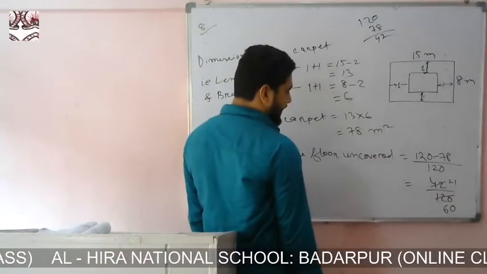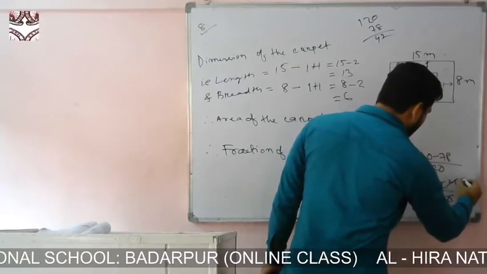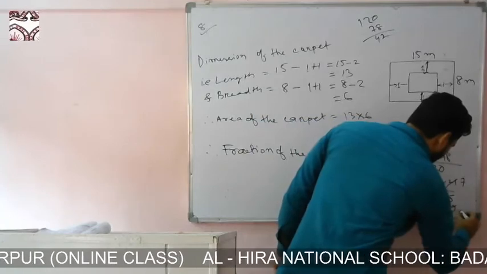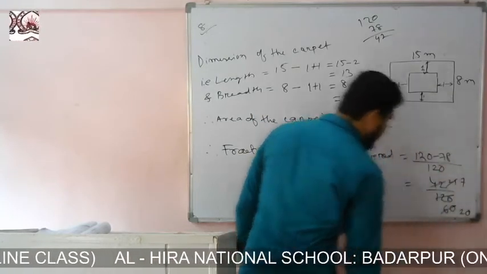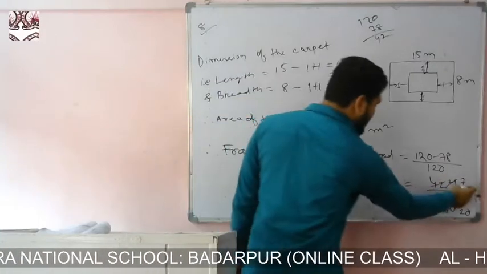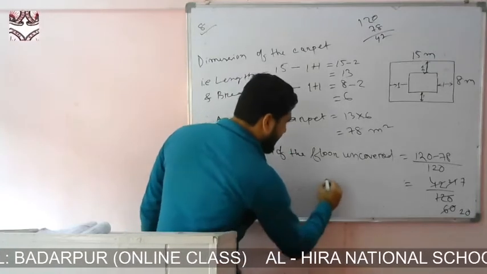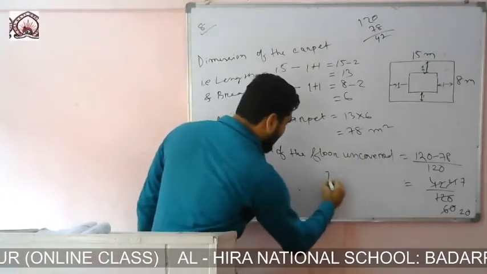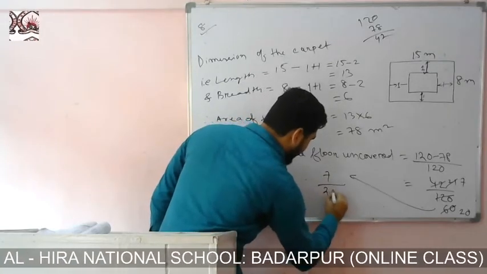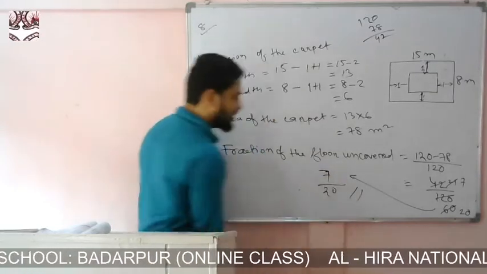Now again you see I can cancel with 3, 7 3s are 21 and 3 2s are 6, 0. That means 3 20s are 60. So the fraction is 7 by 20. Therefore the fraction of the floor will be 7 by 20. Okay, that is the required fraction.